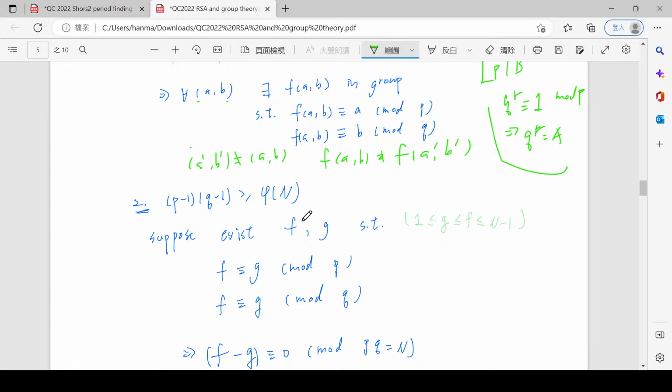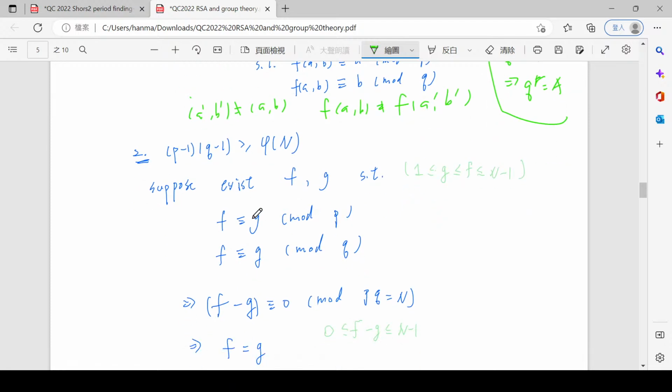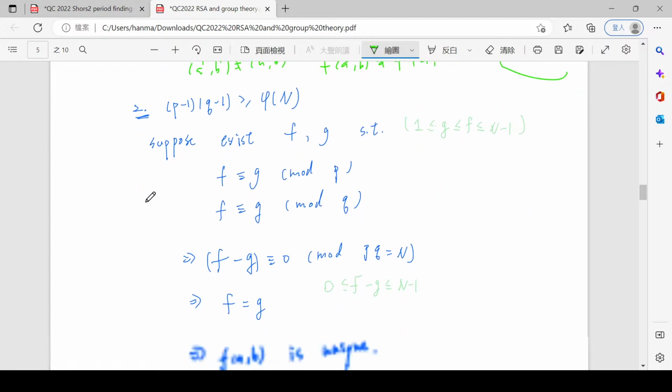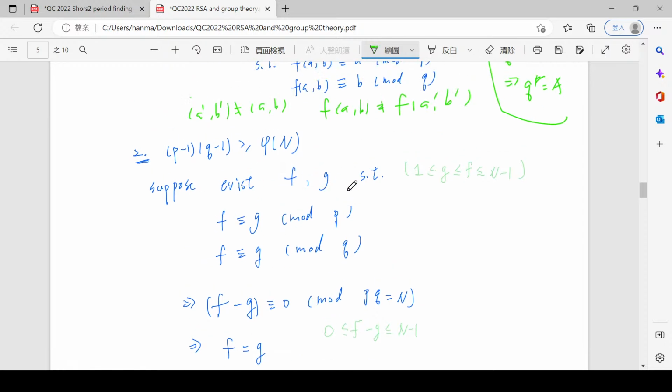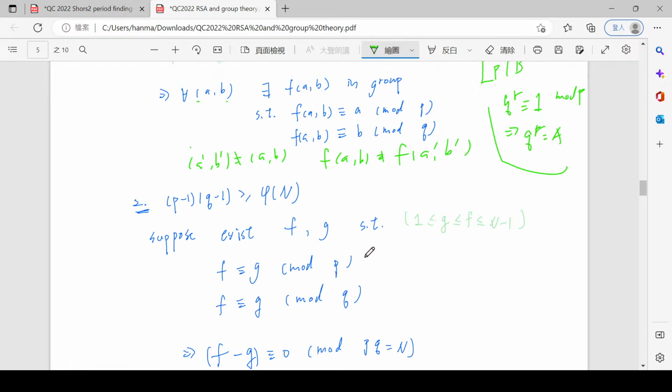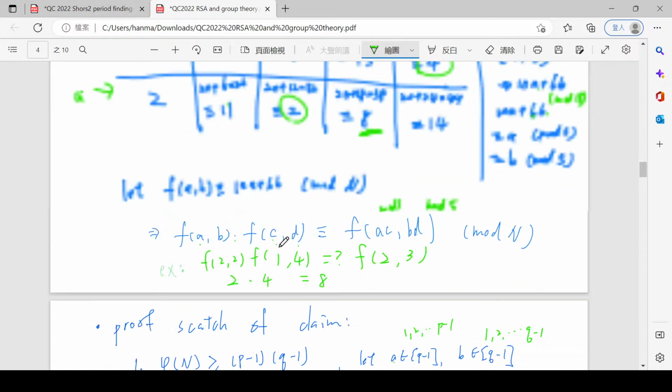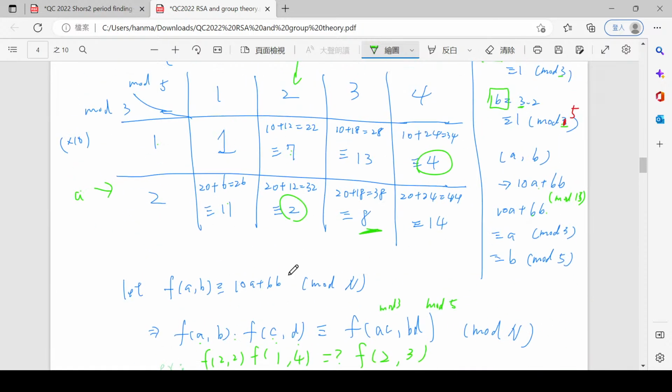And this is kind of a dumb proof. But anyway, let's suppose that we have two numbers f and g such that they occupy the same slot inside this table.